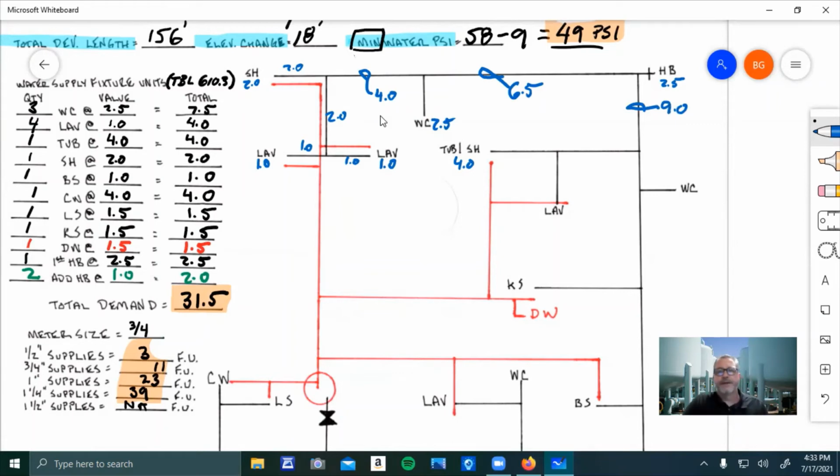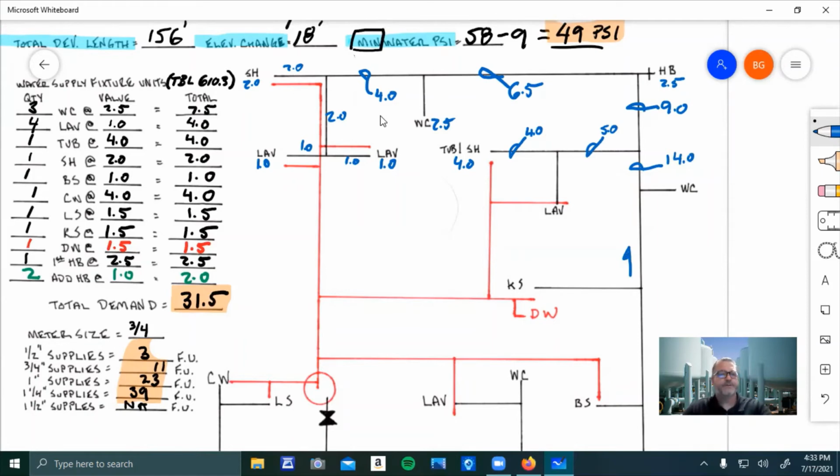We have the 4 fixture units for my tub, which is here. So that's 4. And then we're going to add the lab right there. So that's going to be 5. So this one here is 14. See, now I go from 9 to 14 because keep in mind, my water flow is this way, right?